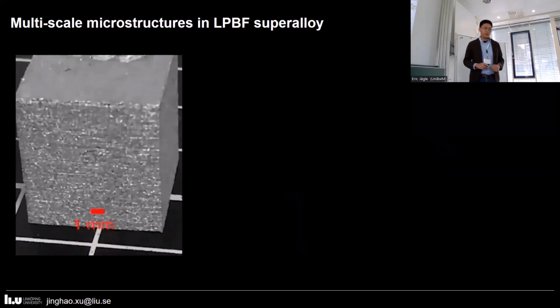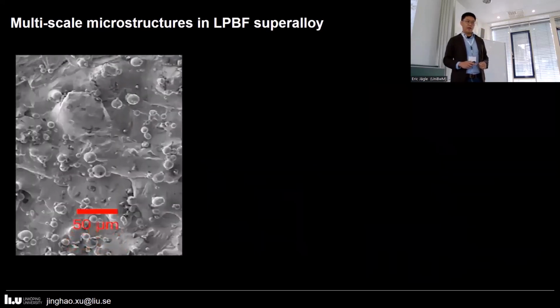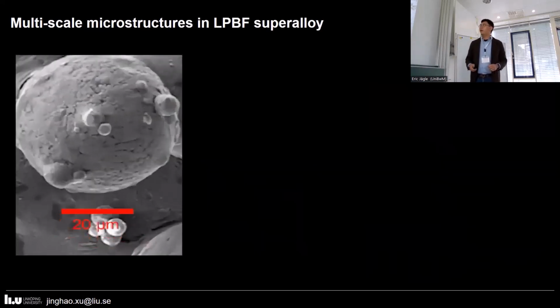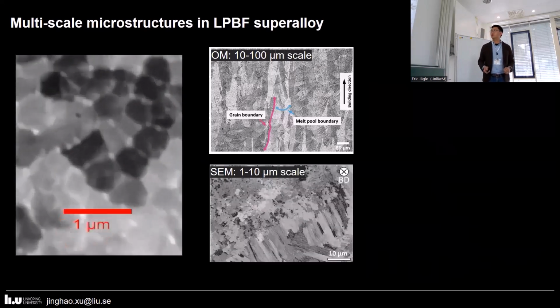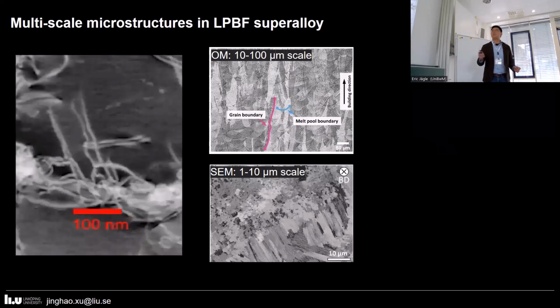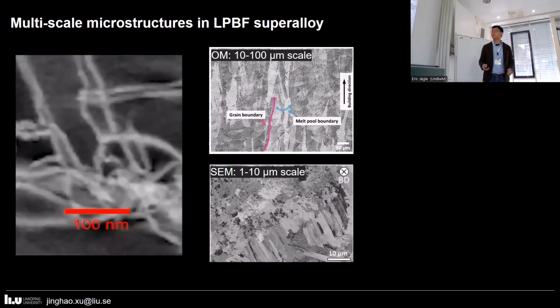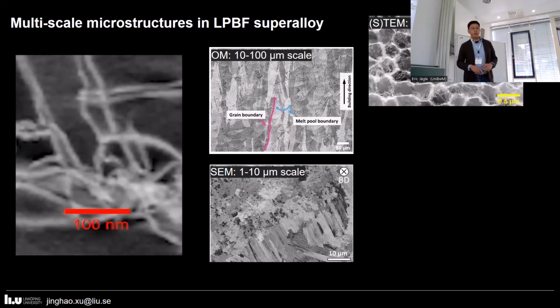From the multi-scale microstructure in the LPBF superalloy, there are quite different scales to look into the microstructure. Under the optical microscope, you find those melt pool boundaries around 10 to 100 microns, depending on the beam diameter and other parameters. Down to the scanning electron microscope, you find those solidification structures.